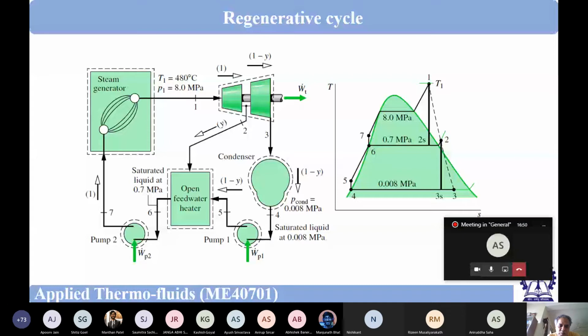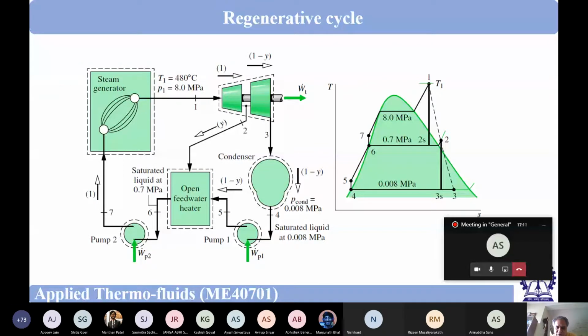There could be two types of feed water heater, open feed water heater and closed feed water heater. I will take care of them in some lecture later on.